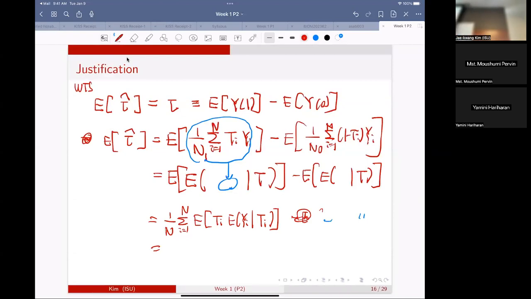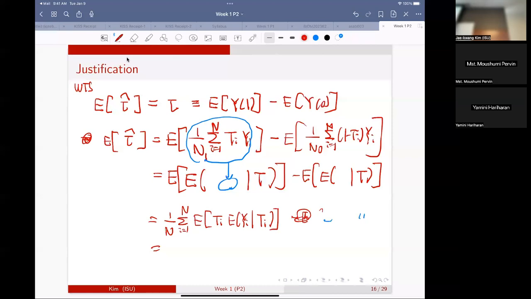Okay, how can we write it? We should use that t is either 1 or 0. So if t equals 1, then it stays. If t equals 0, then it goes away.